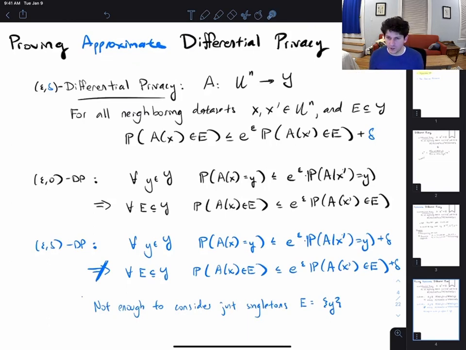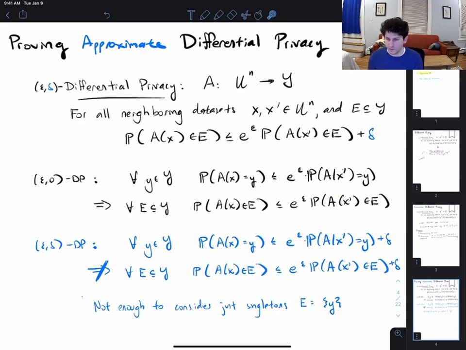The first part is just the definition of epsilon delta DP. Now, if you remember, when we tried to prove that a mechanism was pure differentially private, or epsilon 0 DP, we often used the fact that it's enough to consider events E that are just singletons.